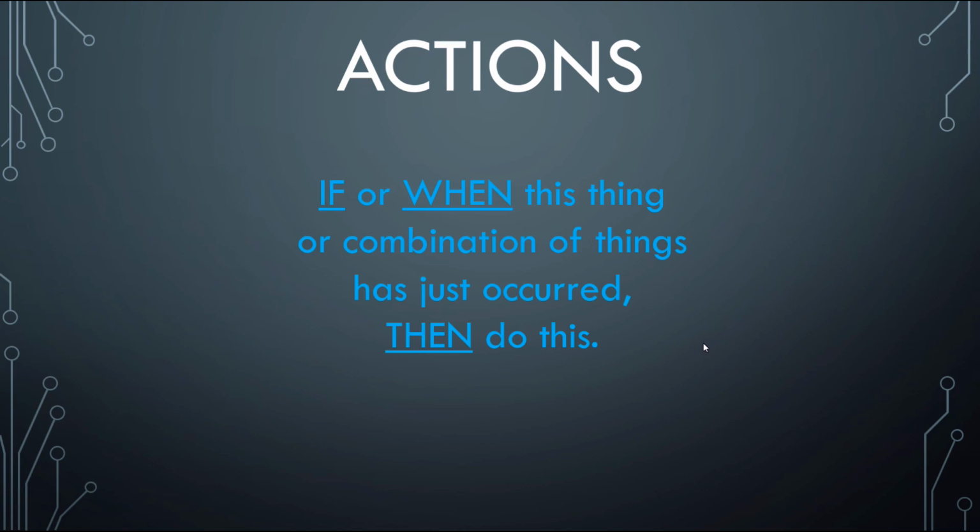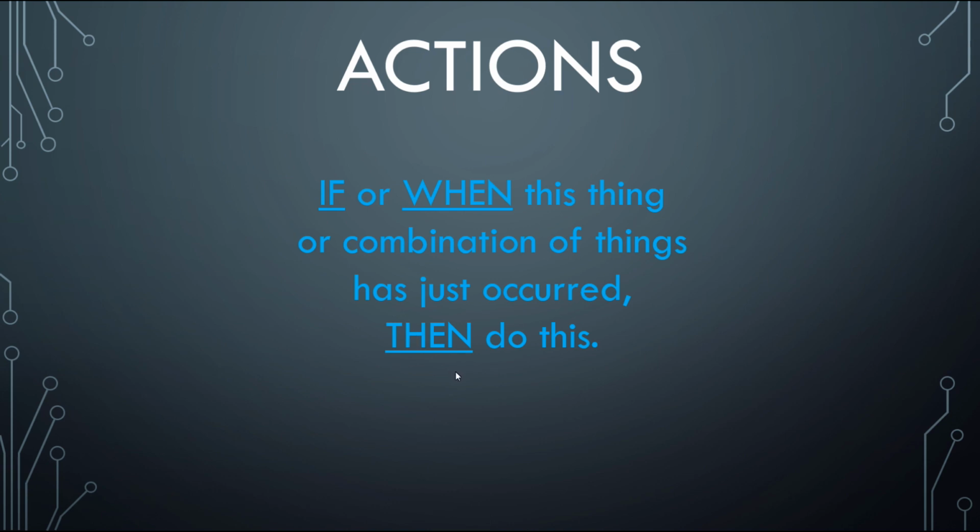So, if you're familiar with programming languages, you will recognize the if-then function contained in this sentence. Now, actions are not a programming language, but they use a process similar to the if-then routine.